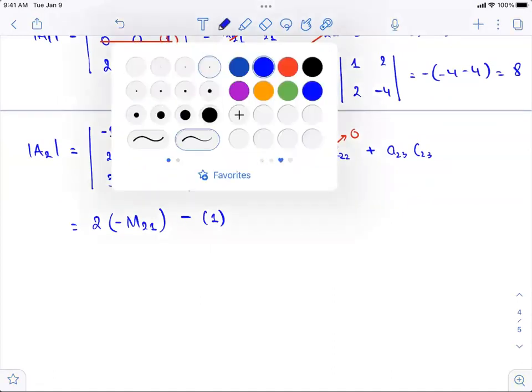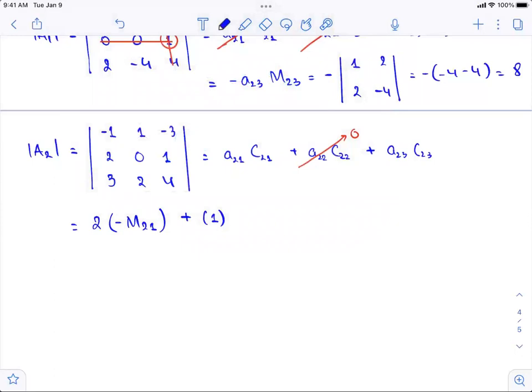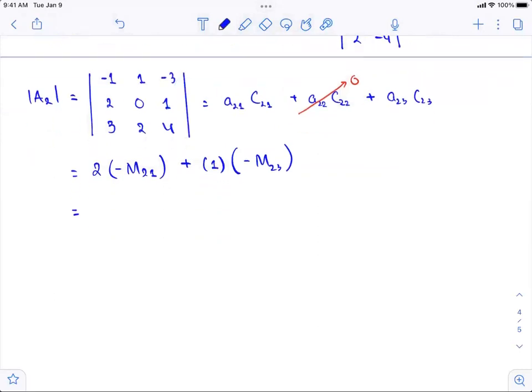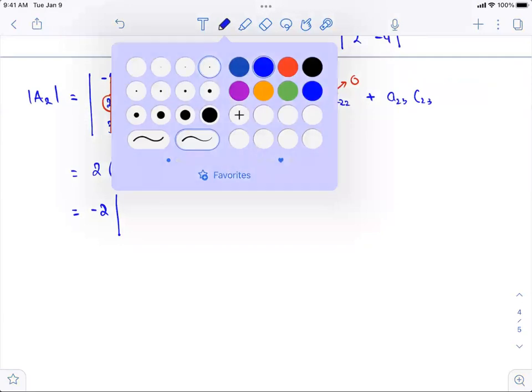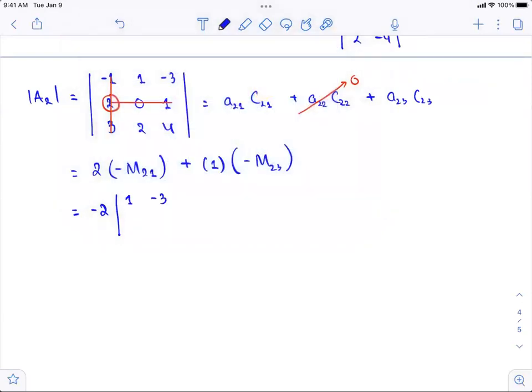Sorry, let me be careful here. So plus 1 times negative M23. Or this is -2 times, so you select this entry, delete the corresponding column and the corresponding row. You're left with the entry 1, -3, 2, 4, minus -2, 3.